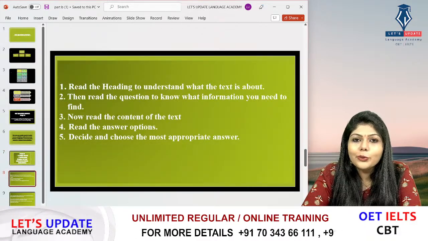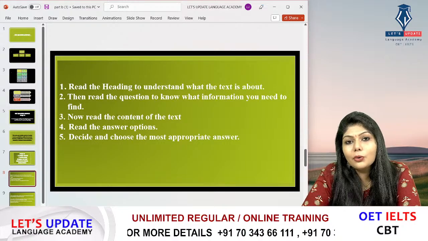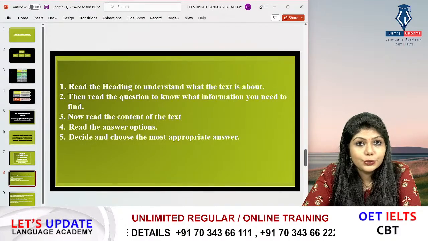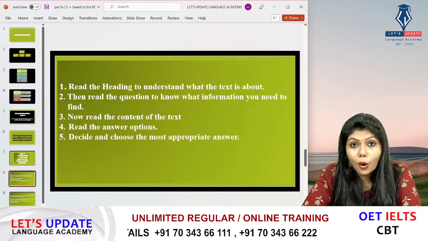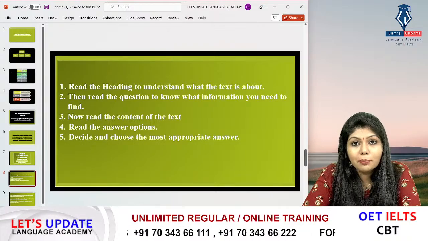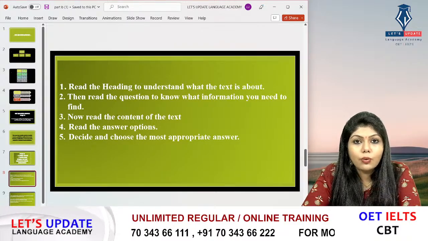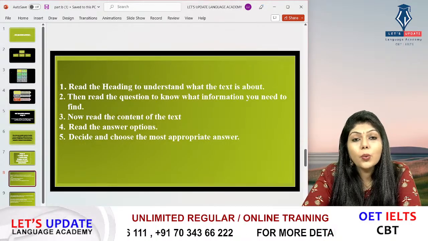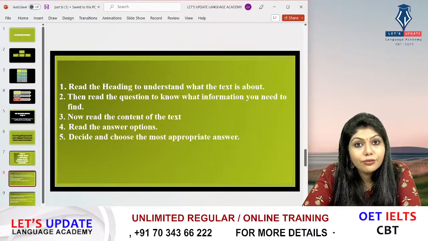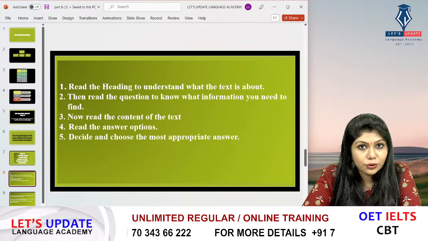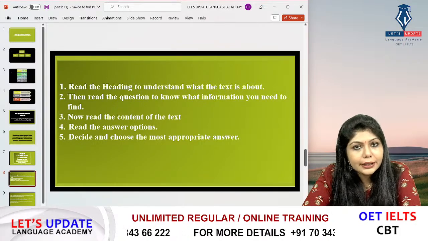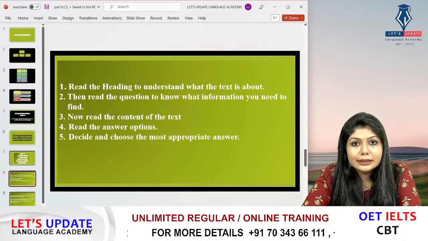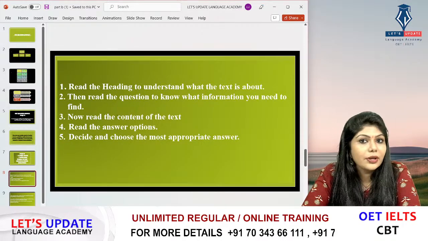So how do you approach part B? The first thing you need to do is read the heading to understand what the text is about. That is very important because you need to know what this extract is about and what information you are going to read. Then read the question to know what information you need to find, and then read the content of the text, with the aim of finding the answer to the question you have just read.